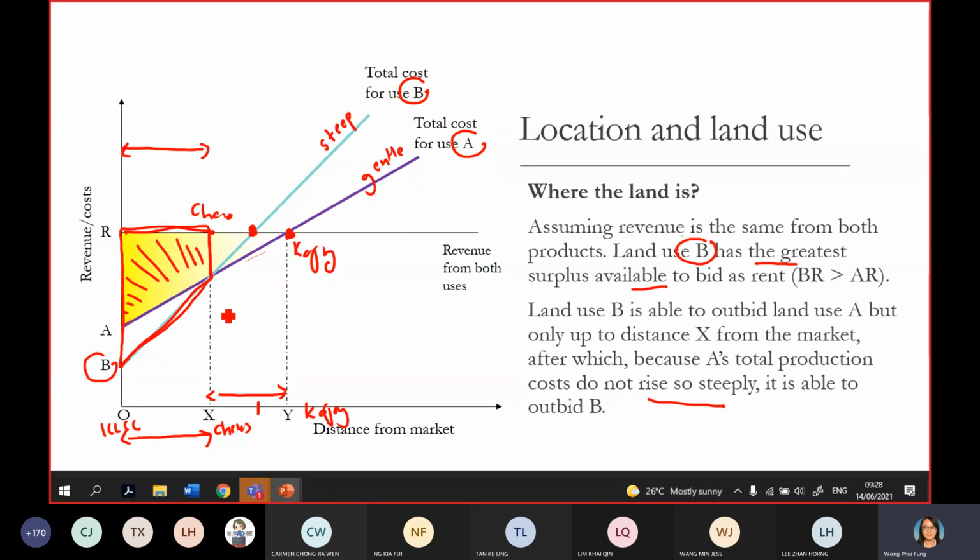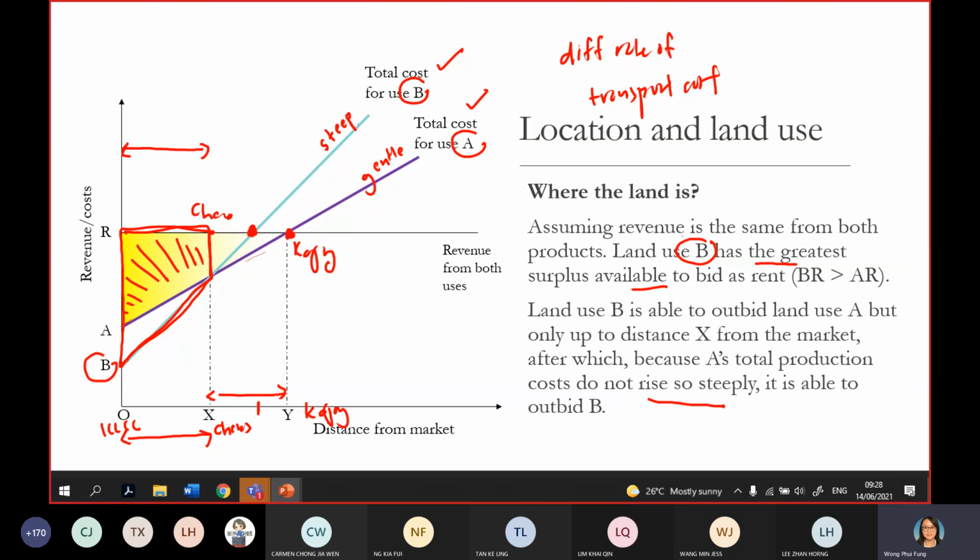So this is the scenario when we introduce A and B with different rates of transport cost. One is more gentle, one is more stiff, so you can see that their optimum locations will be different. B is between Kajang and Cheras, but A will stop at Kajang.